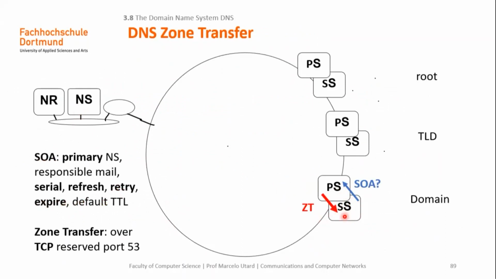Why? Because the secondary server is not certain about the information of that zone. Changes could be performed during that expire time, and the secondary server doesn't have that information.